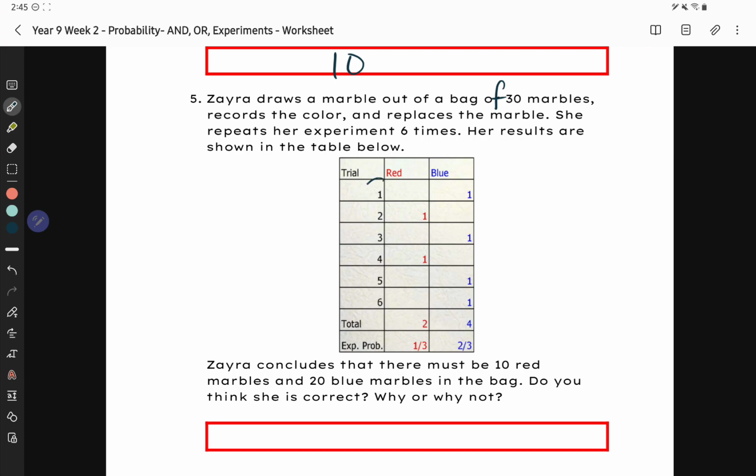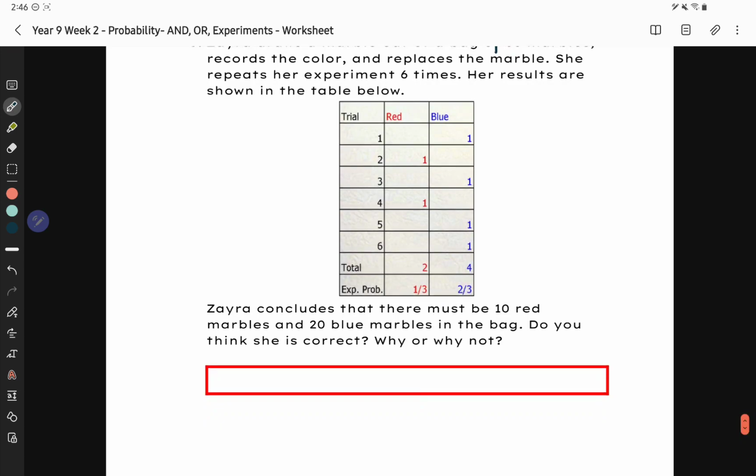So first time, got a blue, put it back in. Because it's replaced every time. Next time, got 2, put it back in. Got blue, got red, got blue, put it back in. Now, Zaira concludes that there must be 10 red marbles and 20 blue marbles. Do you think she's correct? Why or why not?